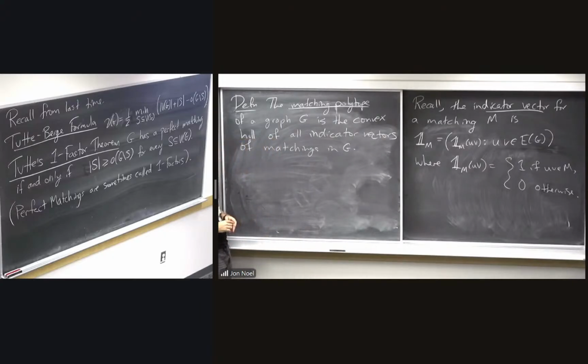So you basically take matchings and take convex combinations of them. For example, I could take one matching times 1/2 plus another matching times 1/2, and that would be part of my matching polytope. This is a polytope, by the way, because we defined a polytope to be a convex combination of finitely many vectors.